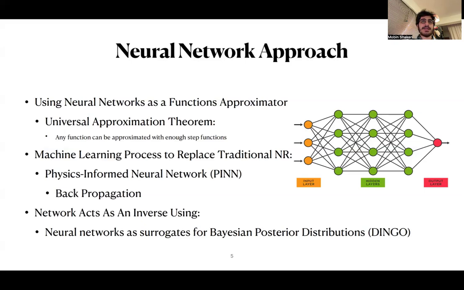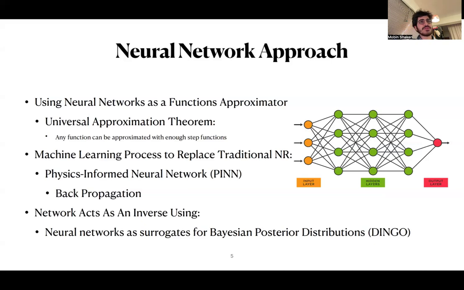There are now many methods used to replace traditional methods, such as the finite difference method, but probably the most famous one for solving a forward problem is PINN, or physics-informed neural network.